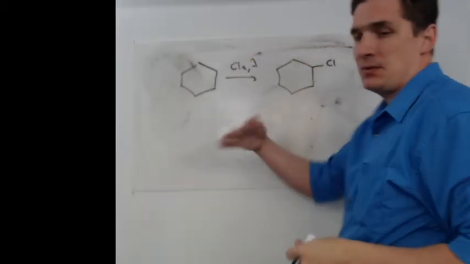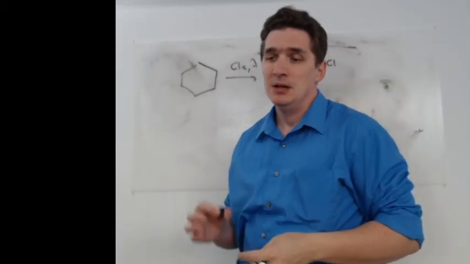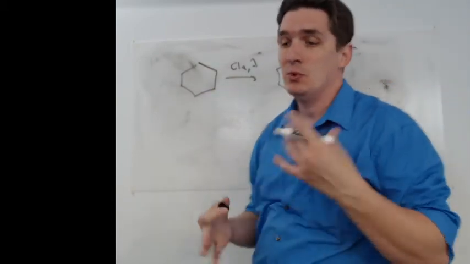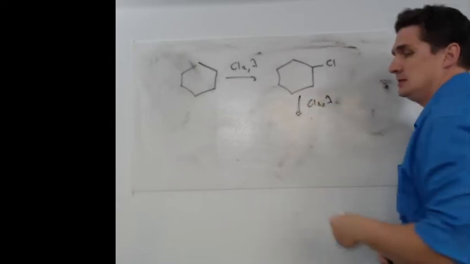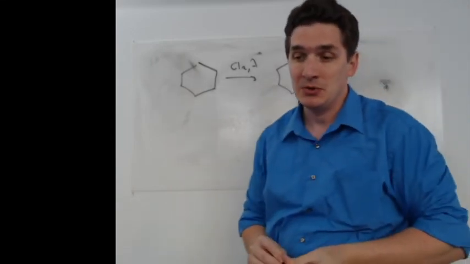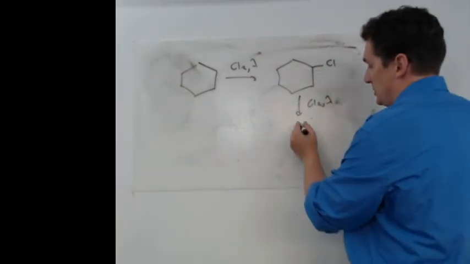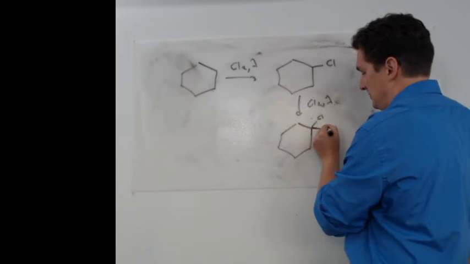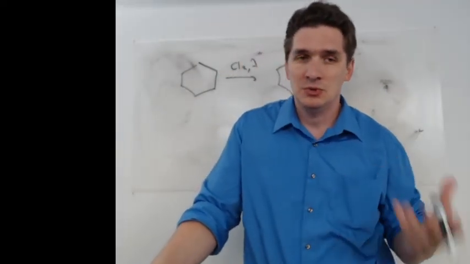Well, there's no preference for one carbon over the other because they're all secondary carbons. So the first substitution occurs pretty selectively, but let's say we add more Cl2 and more light. Well, the chlorine here is going to want to replace the most substituted carbon. In this case, this is a tertiary carbon. So we end up getting replacement here.